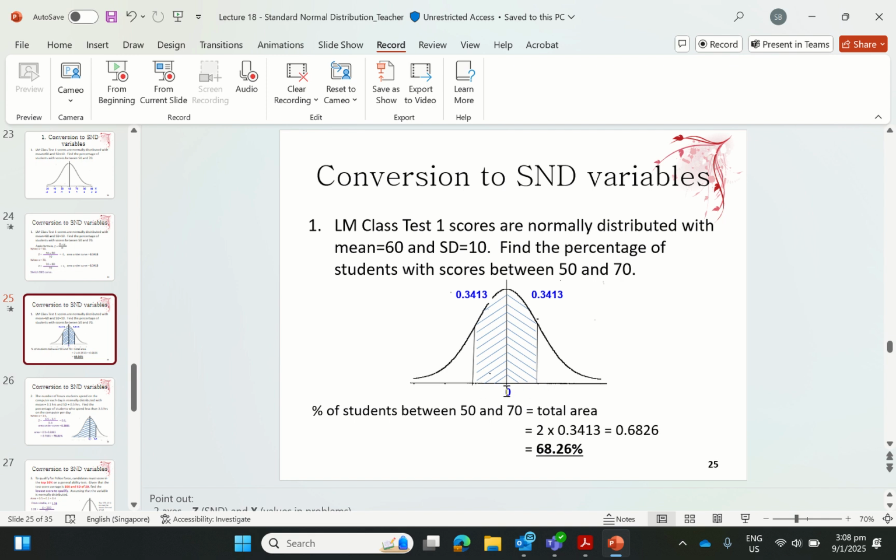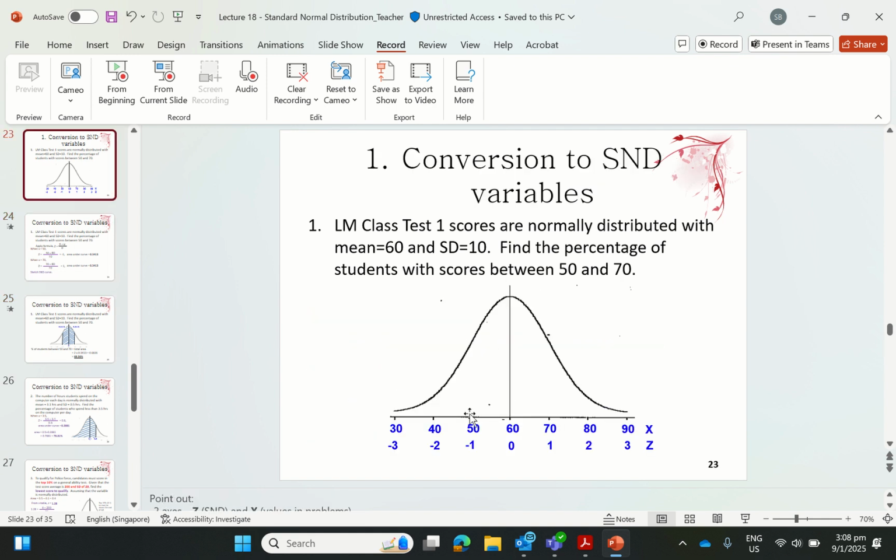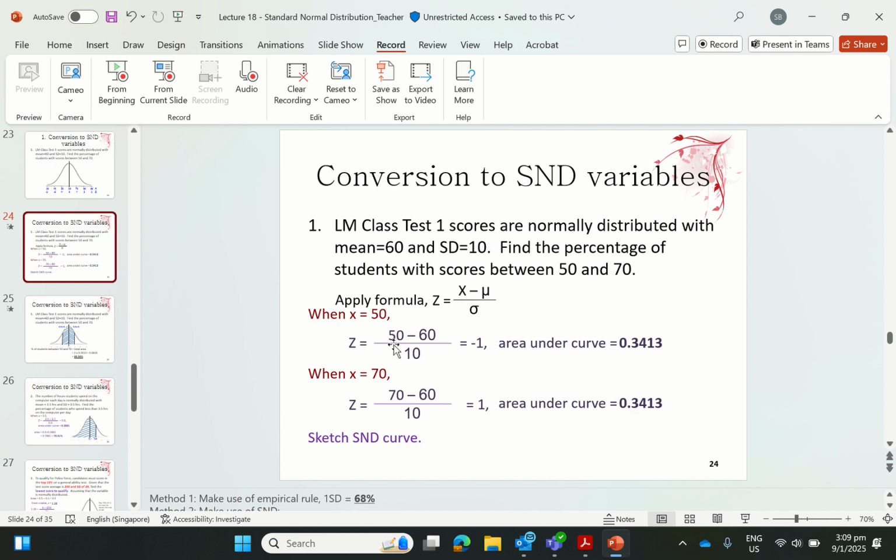So the question wants you to find 50 to 70. 60 is here in the center. But first, I need to convert 50, because it's a real life mark, into a Z value. Then only I can use the Z table. So I use the formula: 50, my real life value, minus my mean, 60, divided by SD, 10. I should get negative 1.